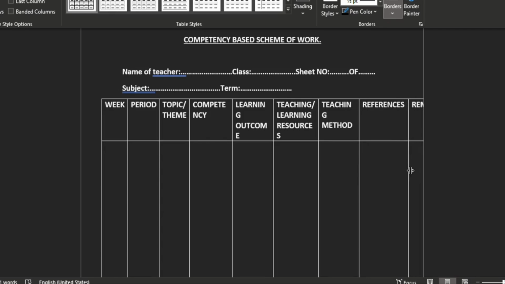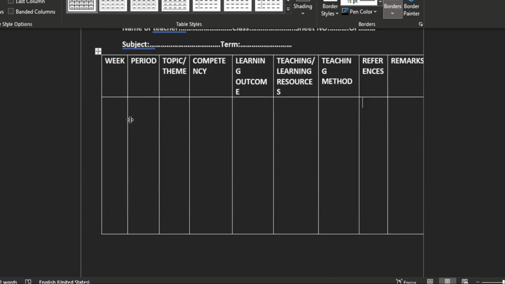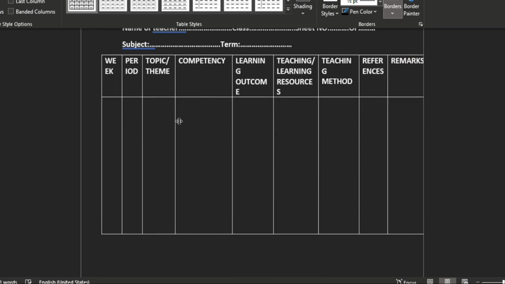We have the competency, the learning outcomes, the suggested learning activities, things that they should learn in that topic. Then also in the syllabus we have the sample assessment strategy.